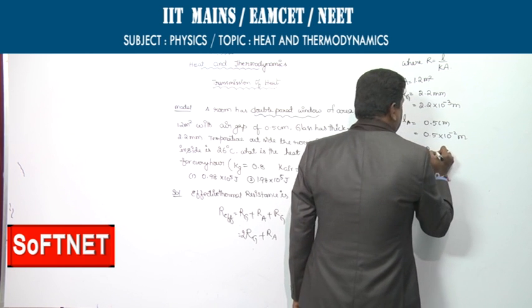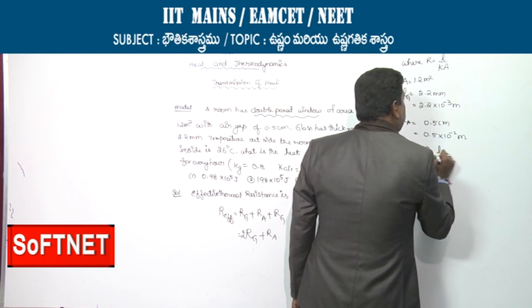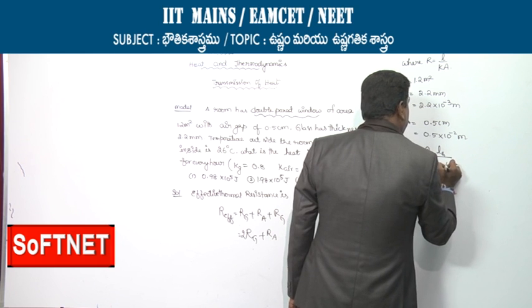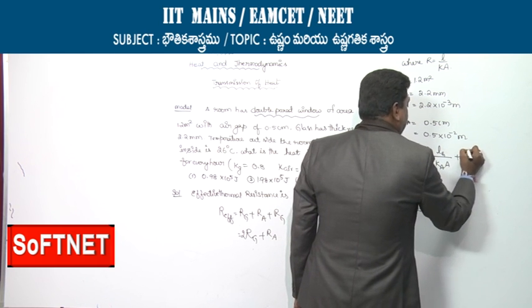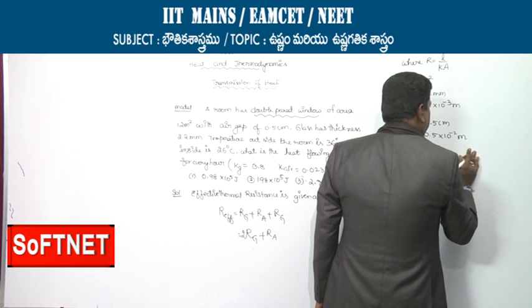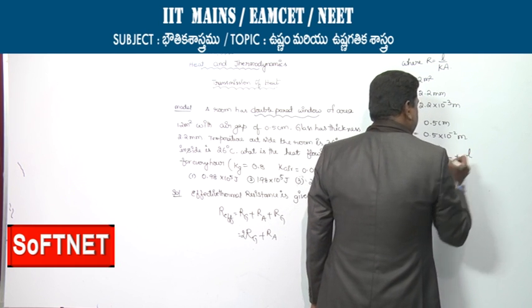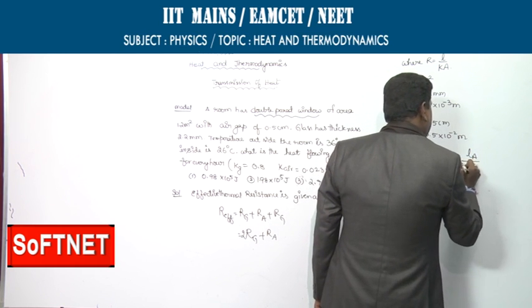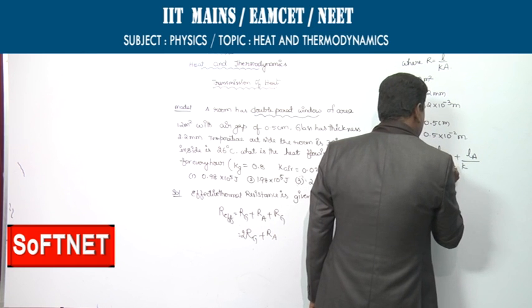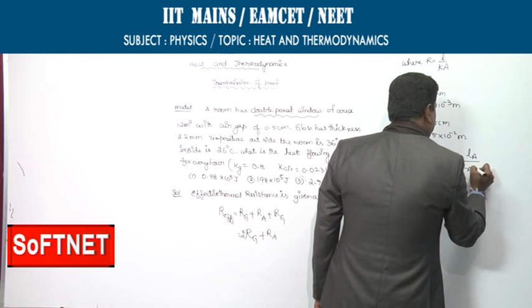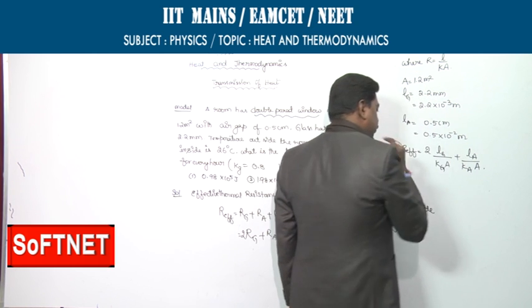Now, substituting the values, R effective equals 2 into Rg, where Rg is given as Lg by Kg into area, plus L air by K air into area of cross section.